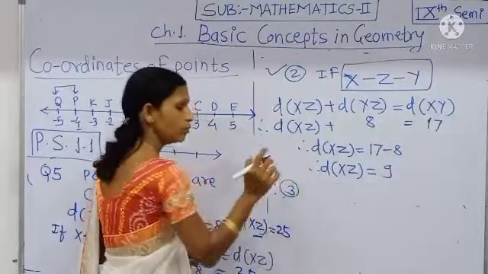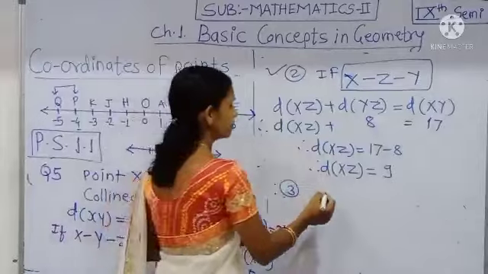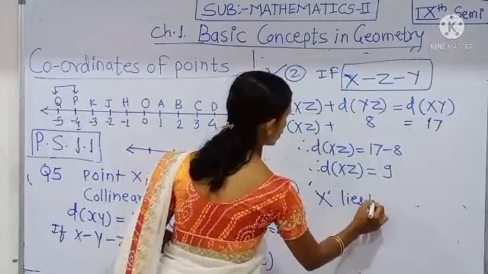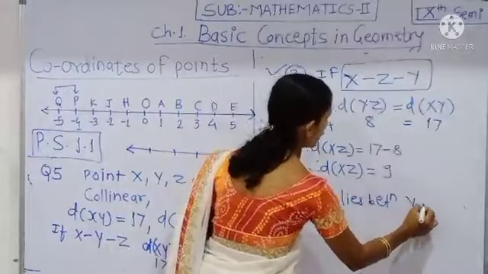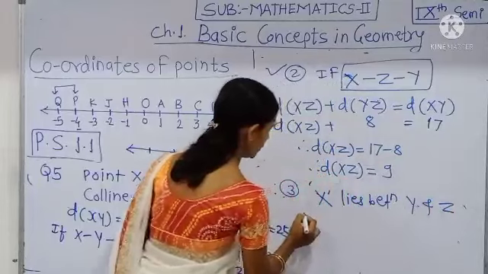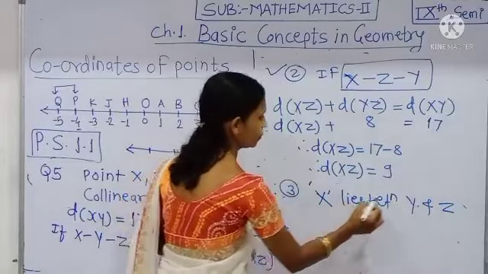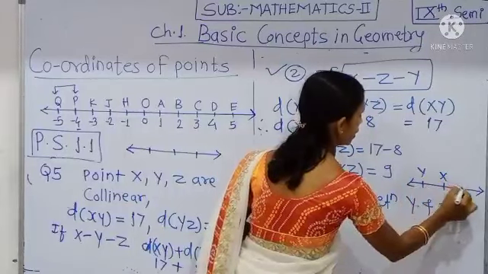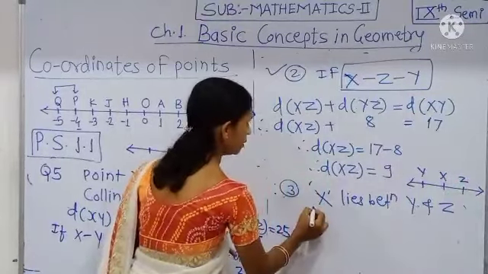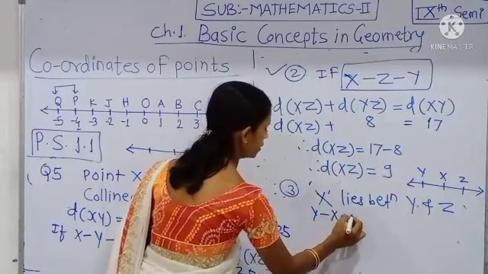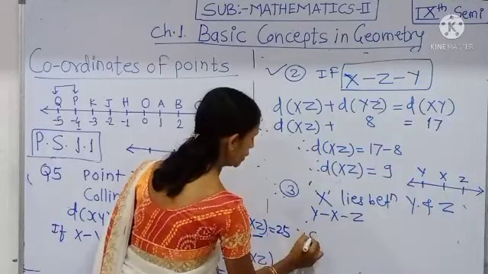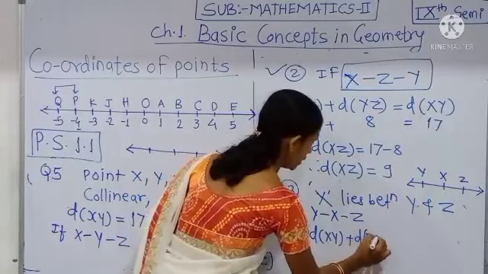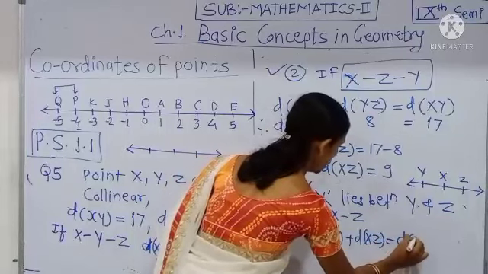Or there may be a third condition, that if X lies between Y and Z, then Y-X-Z, therefore dxy plus dxz is equal to dyz.